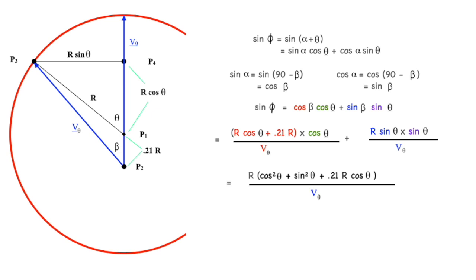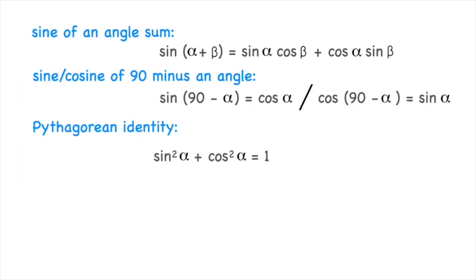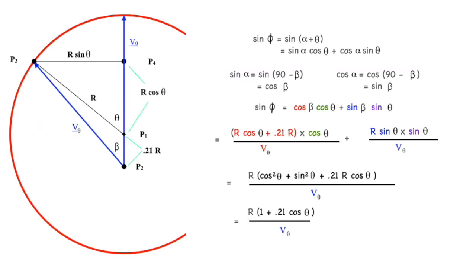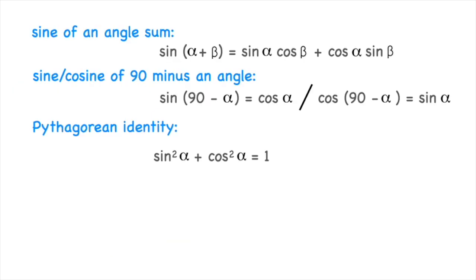Factoring out r and rearranging, we get r times the quantity cosine squared theta plus sine squared theta plus 0.21 r cosine theta all over v sub theta. But cosine squared theta plus sine squared theta equals 1, in accordance with the Pythagorean identity.